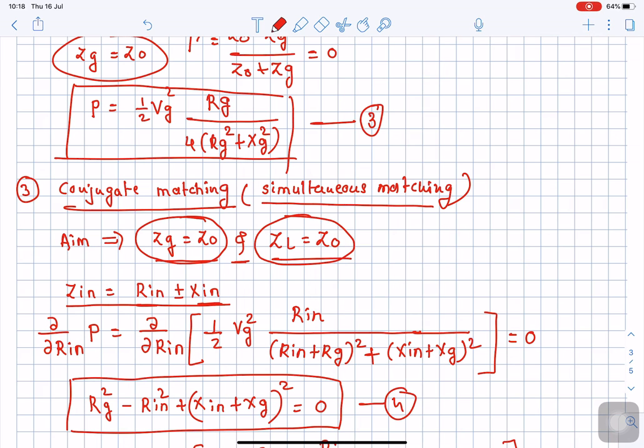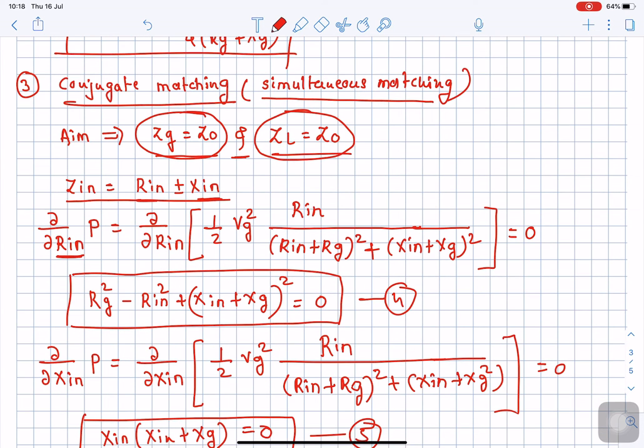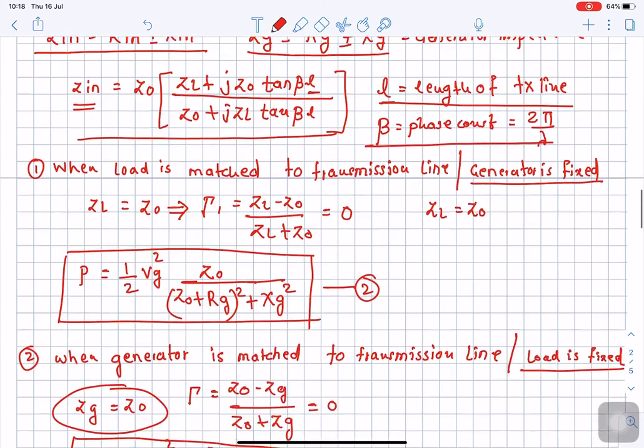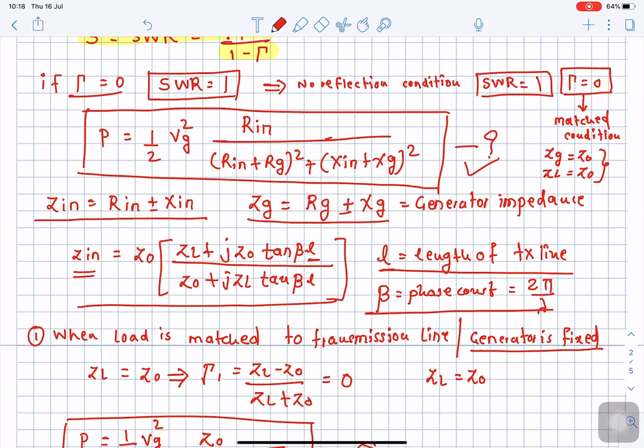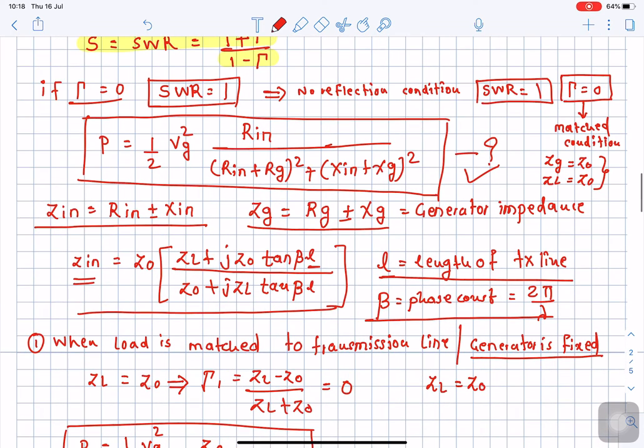From equation number 1, we take the derivative of that power with respect to the real part of the input impedance, and then we equate it to 0. After simplification we get a certain equation, which is represented by equation number 4. And this original power equation, let us call it equation number 1, please remember.